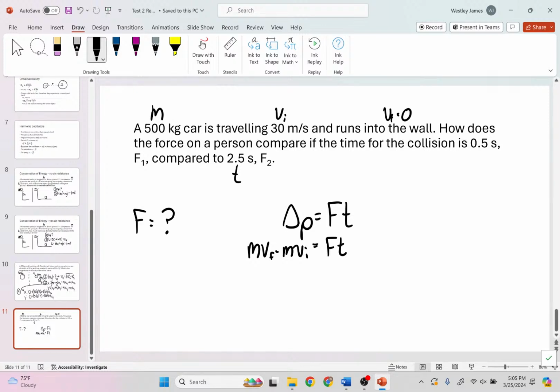And then the next step is to isolate the variable that you're trying to find. In this case, we're asking what happens to the force, so you need to rearrange this in terms of F. F equals all the other stuff. Really simple in this case, just divide by t. So F equals mv final minus mv initial over time.